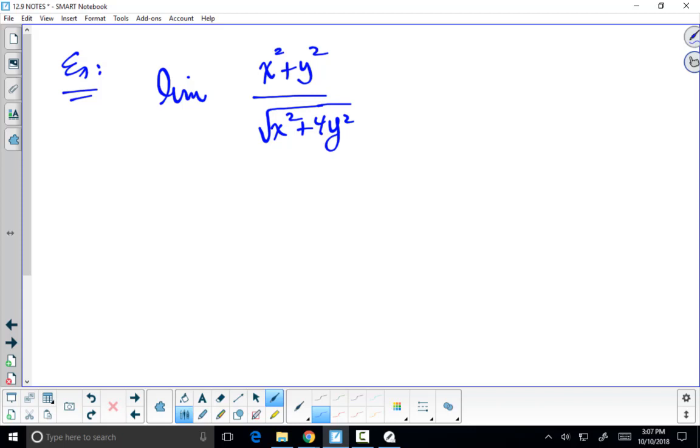If you see x's and y's and you're going to the origin, then you're thinking to yourself, oh, polar is a good option. If you don't see an x squared plus y squared in there, you shouldn't be thinking polar. But if you see an x squared plus y squared and it's going to the origin, you should always think polar is a possibility.